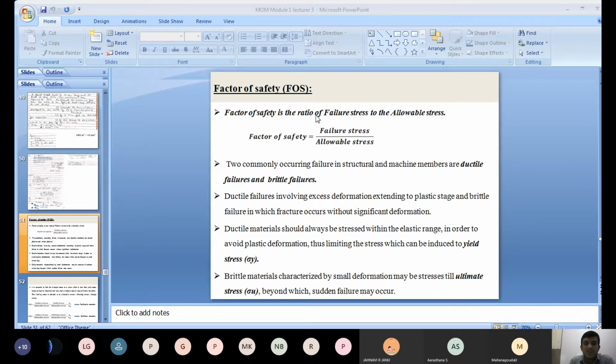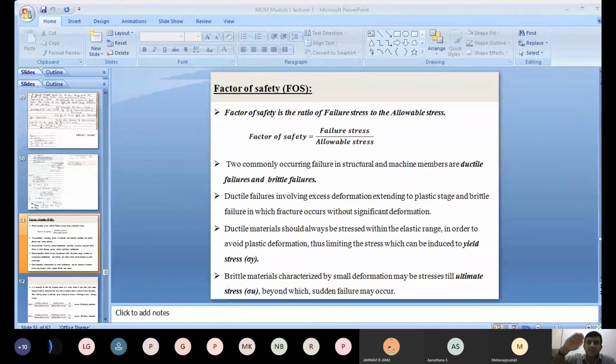Now we consider the failure stress for ductile material to be the yield stress. Next one, the brittle. Brittle materials are characterized by small deformation, maybe stresses up to the ultimate stress, beyond which sudden failure may occur. For brittle material, what happens? In the stress versus strain diagram, we see a linear straight line.